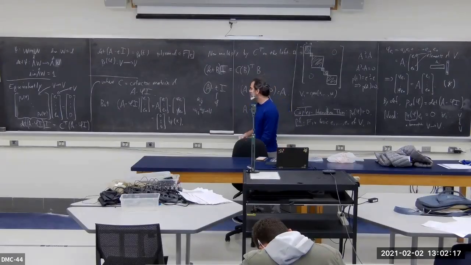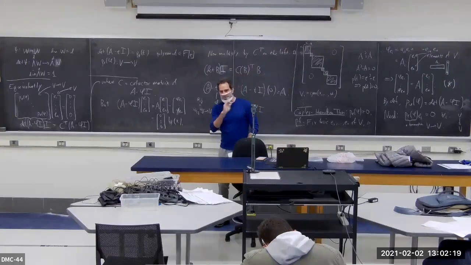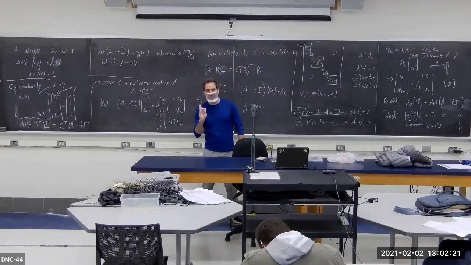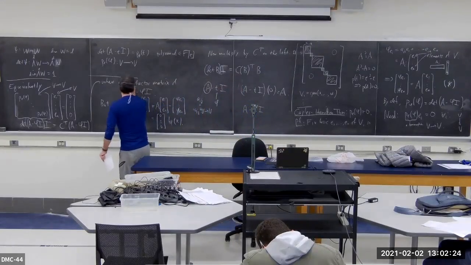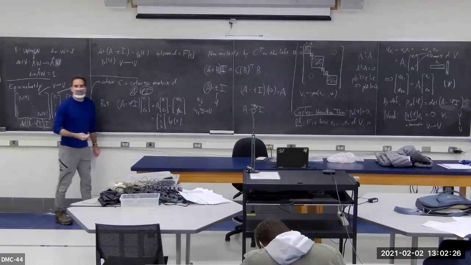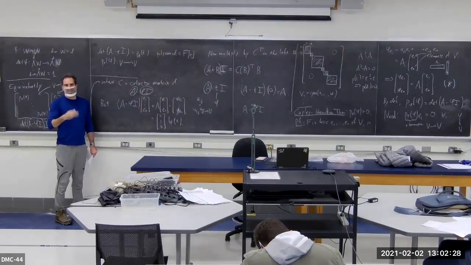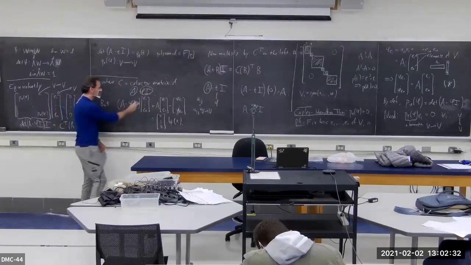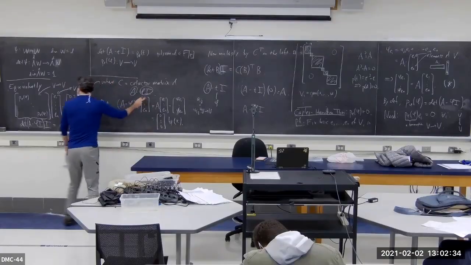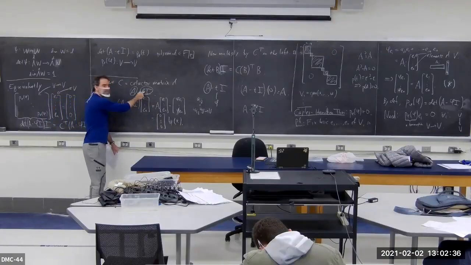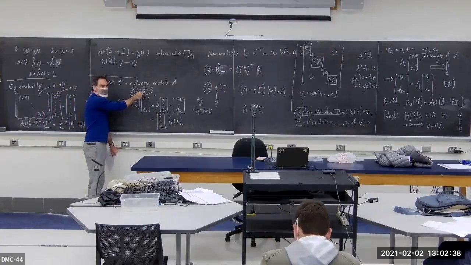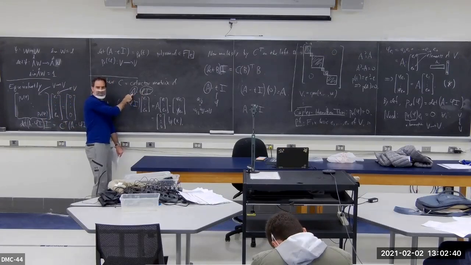So the main point is how do you view A and phi as the same kind of object? The way you view them as the same kind of object is that this is a matrix, phi, whose entries are linear transformations from V to itself, and A is also a matrix whose entries are linear transformations from V to itself.